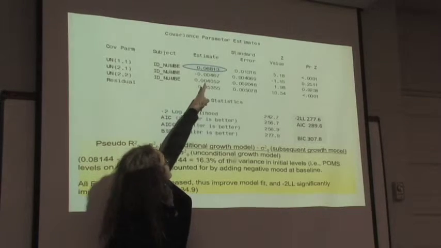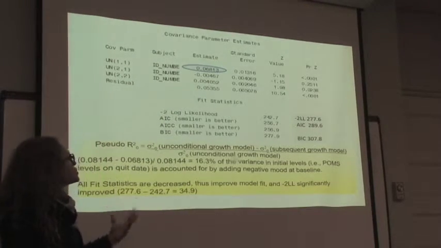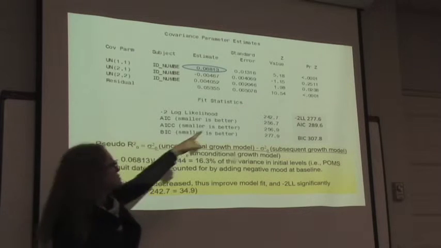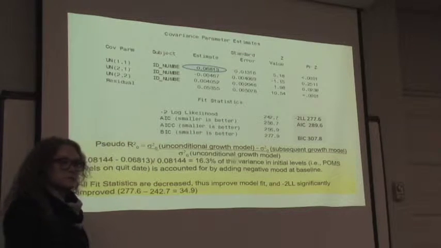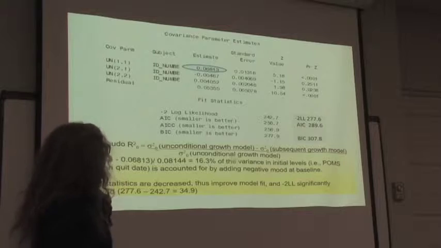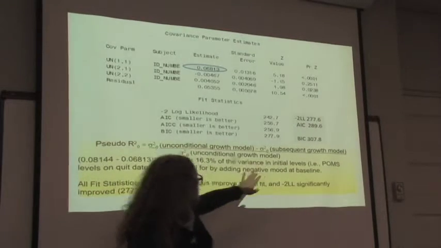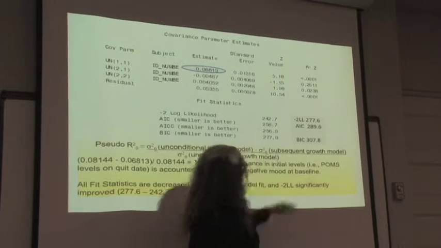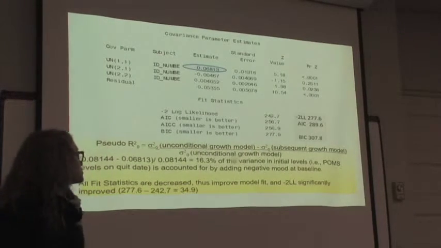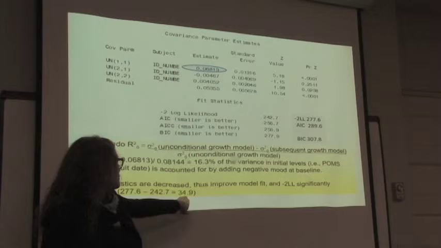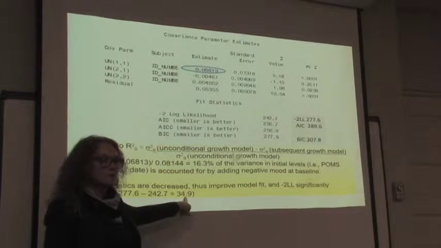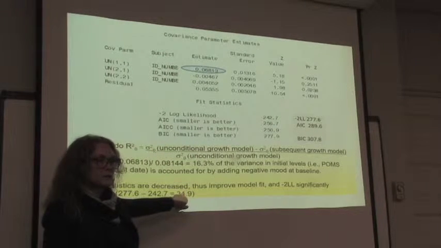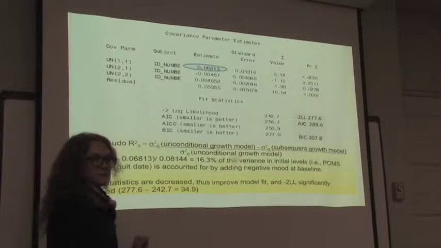And then here is the reduced remaining variance, which is still significant, but is reduced. The fit statistics are also decreased, so these are the originals, so you can compare them right here. And the -2 log likelihood is significantly improved because here's the difference score, so it's big. Make sense?